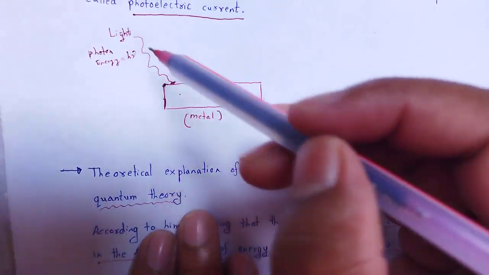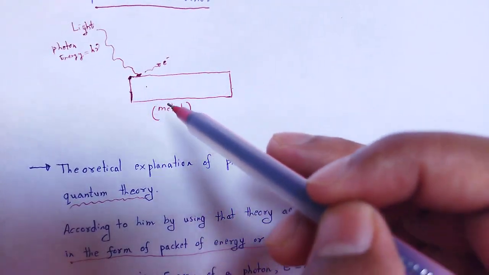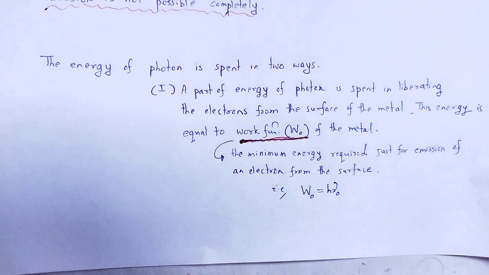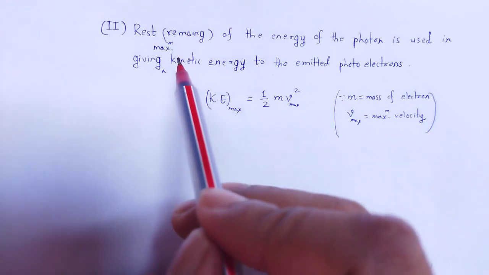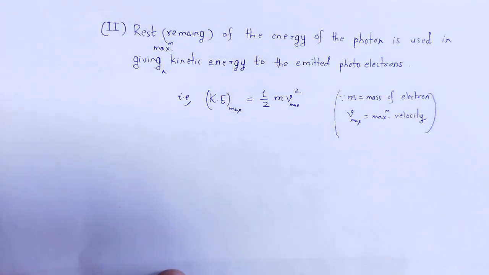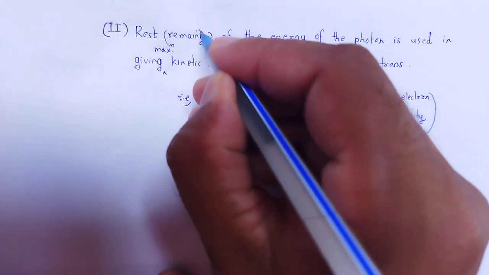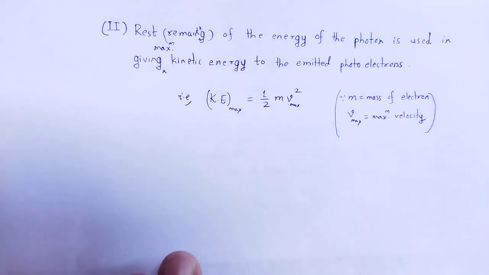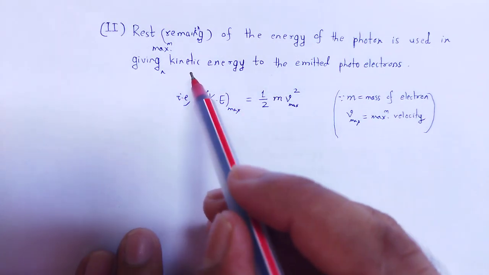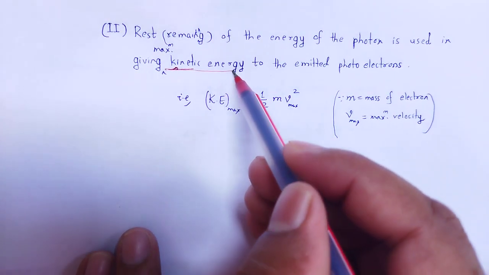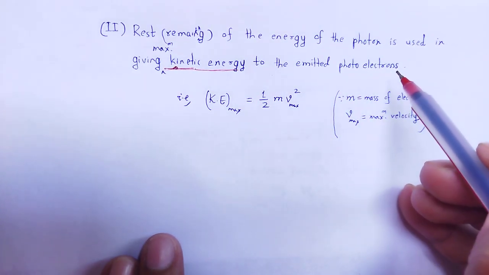So the incident photon's energy is partly used as the work function, and the remaining part of the energy of the photon is used in giving maximum kinetic energy to the emitted photoelectrons.